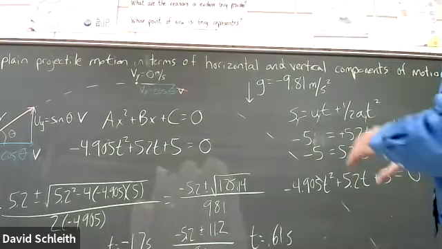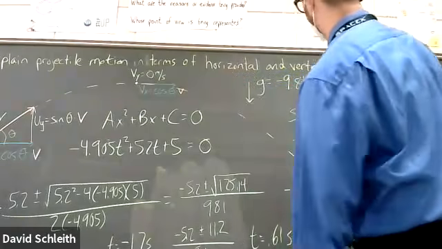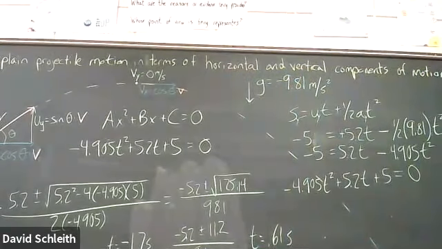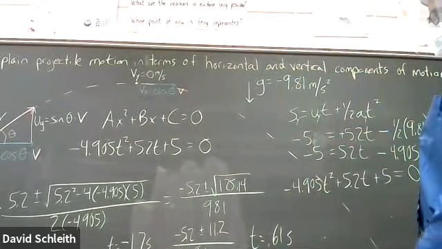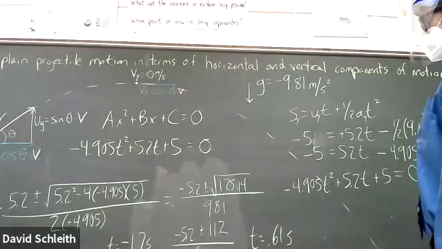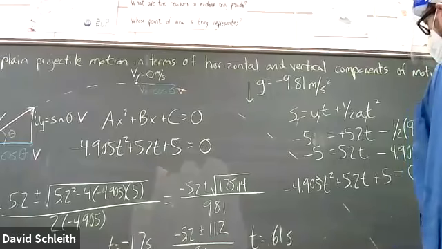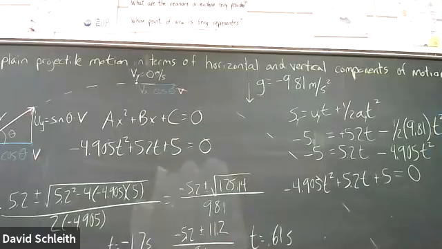All right, anyway, it doesn't take away from this idea, which is to explain projectile motion in terms of horizontal and vertical components of motion. Well, I'll think through this one. That's part of the fun of science, is that you get to learn from your mistakes. Hopefully you can recognize when there's an obvious error.